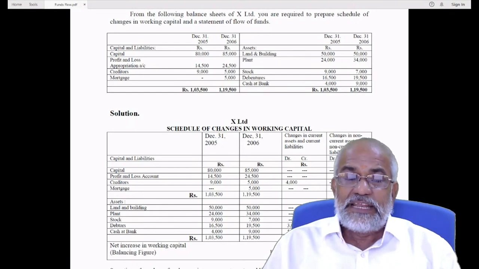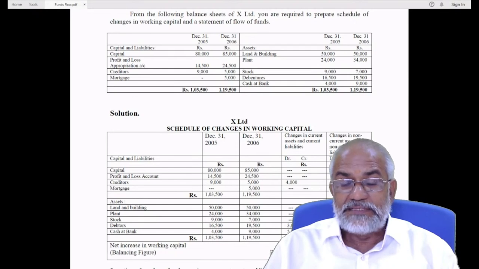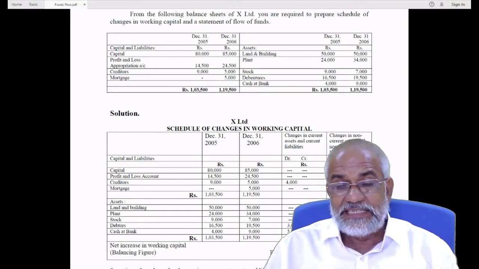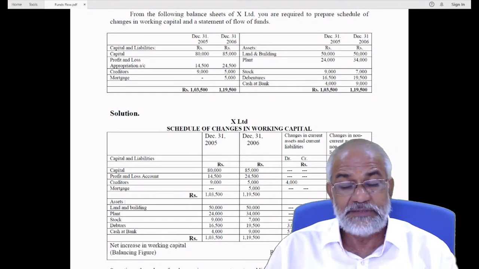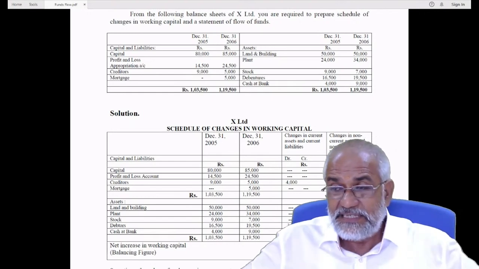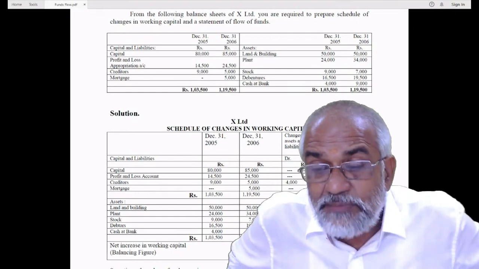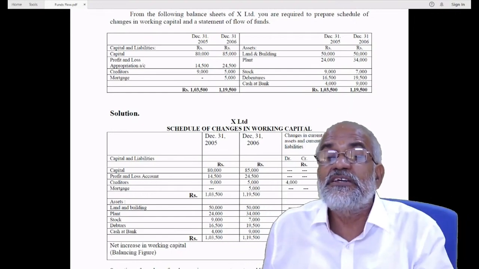Capital is a liability, and a liability always shows a credit balance. It was 80,000 at the beginning and 85,000 at the end, which means it has increased by 5,000. When a credit balance increases, it can be increased only by crediting it.